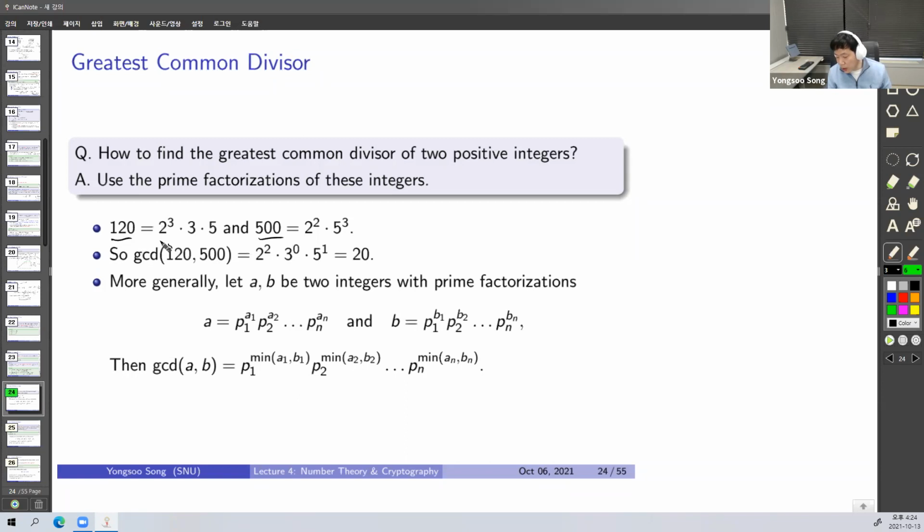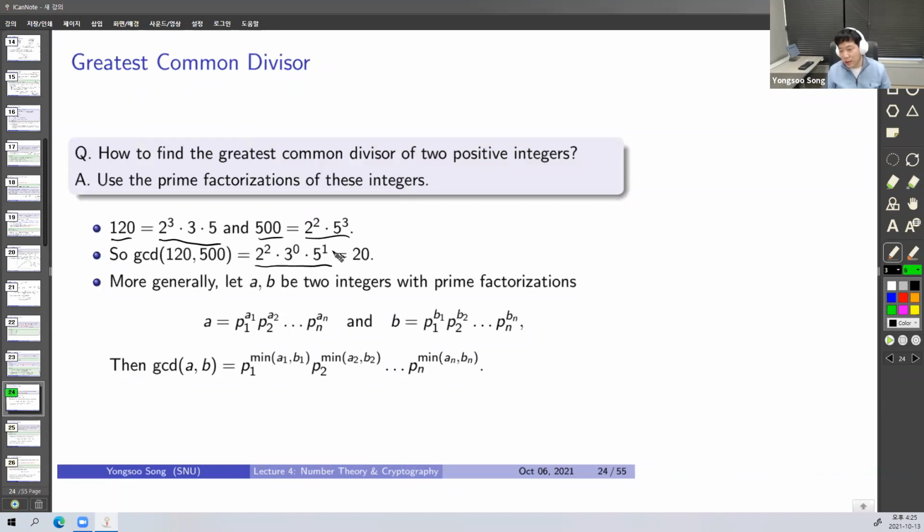So 120 is a product of 2 cubed, 3, and 5, while 500 is a product of 2 squared and 5 cubed. So the GCD of these two integers is obtained like this.